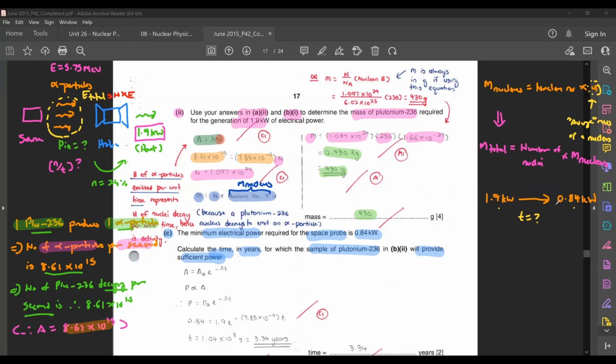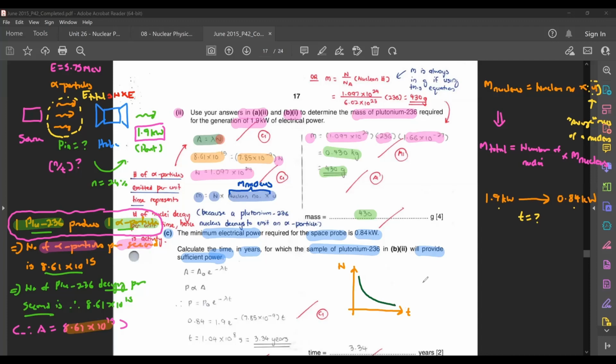Now the power will decrease with time according to an exponential curve, because what we know is that your plutonium nucleus decaying is what gave you your alpha particle, and your energy is derived from your alpha particle. So if I were to talk to you about the number of plutonium nuclei with respect to time, we already know that it will decay with time, following an exponential decay curve.